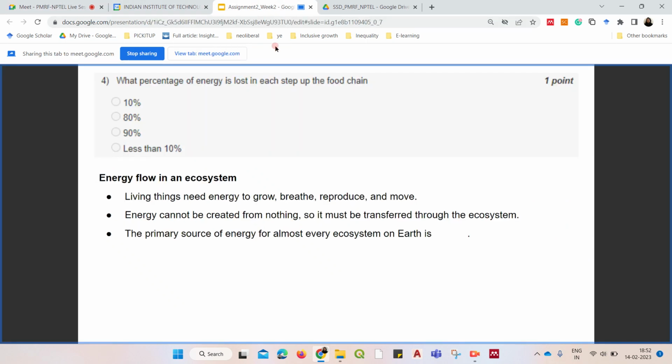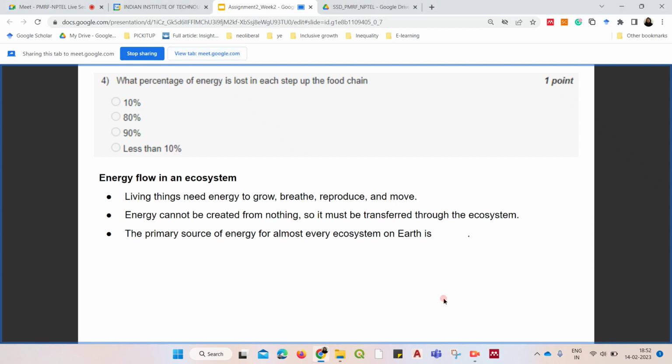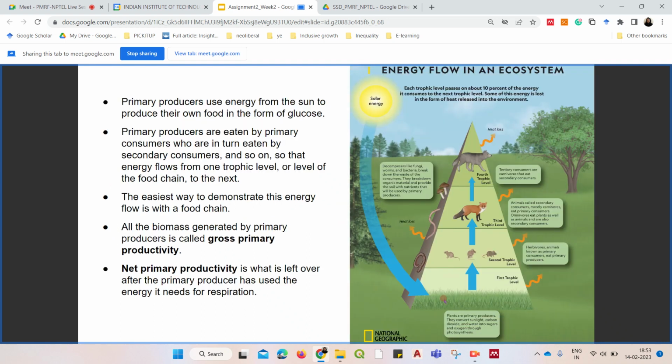So the primary source of all energy on earth is the sun. How we get that energy is through transfer from the ecosystem. Plants are the basic or primary producers, which convert that energy from the sun, solar energy, into energy which is usable in the further trophic levels.